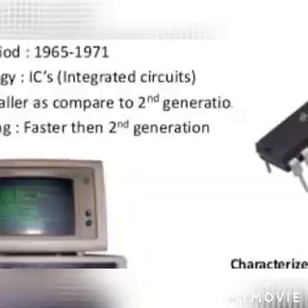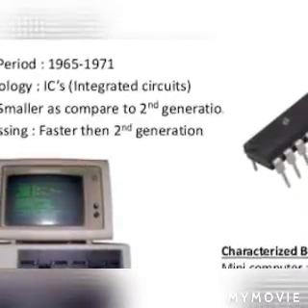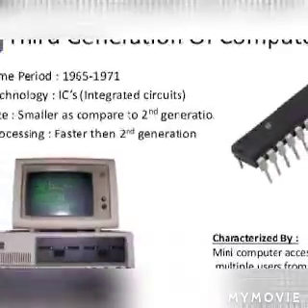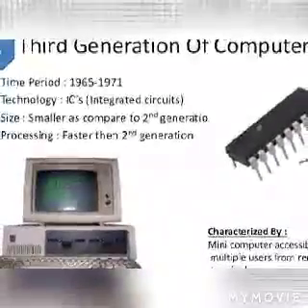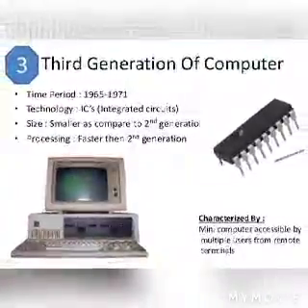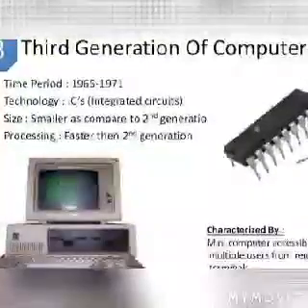Understood? Now we will come to the third generation of computer, which lasted from 1964 to 1971. During this period the integrated circuit, that means IC, the full form of IC is integrated circuit, was invented as the main component.